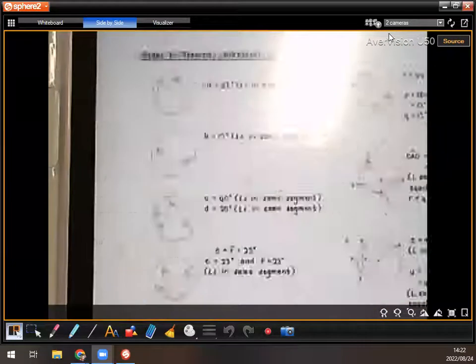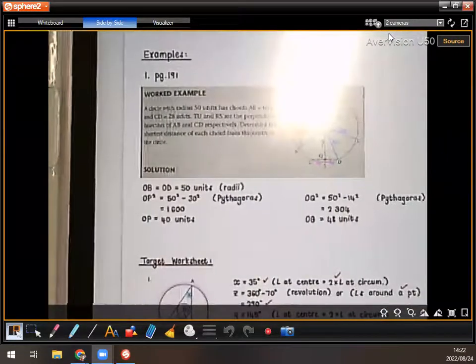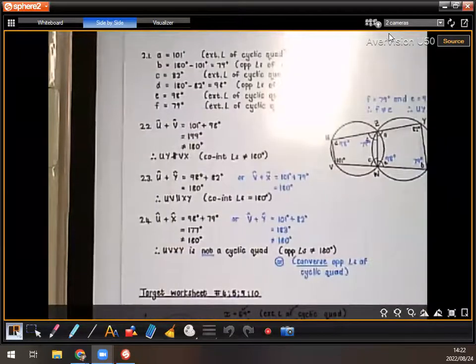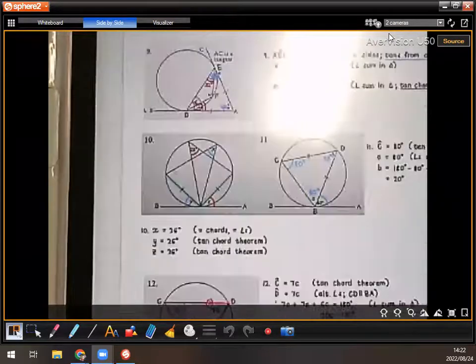Target worksheet, first we did 1, 2, and 3. And then we've also done selected ones after that: 4, 5, 9, and 10. Okay, so that leaves 6, 7, 8, 11, and 12.